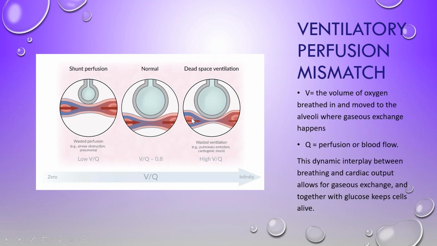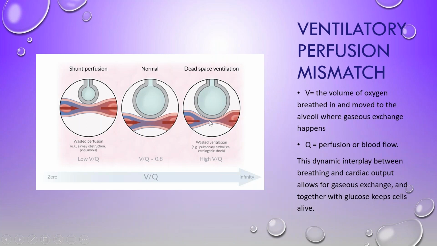So you need both the perfusion part of the blood as well as the oxygenation. This dynamic interplay between breathing and cardiac output allows for gaseous exchange, and together with that, you need O2 and glucose for cells to stay alive, for you to stay alive.